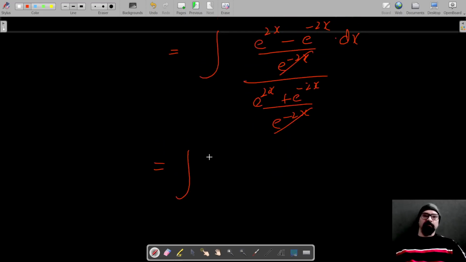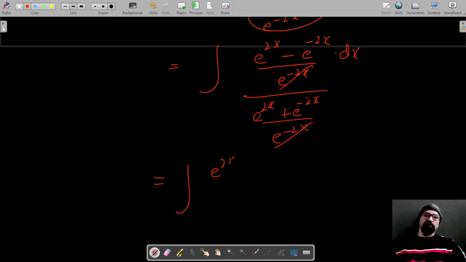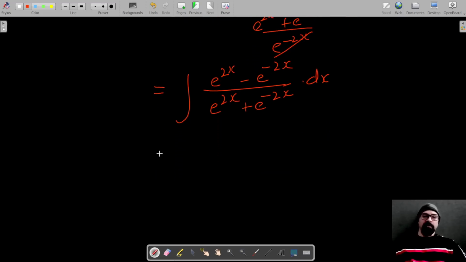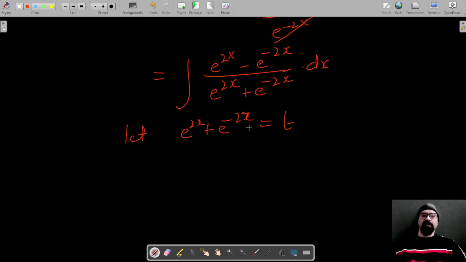Then this is equal to e raised to the power 2x minus e raised to the power -2x upon e raised to the power 2x plus e raised to the power -2x into dx. Okay, now let's make the substitution. I'm going to substitute e raised to the power 2x plus e raised to the power -2x equal to t.